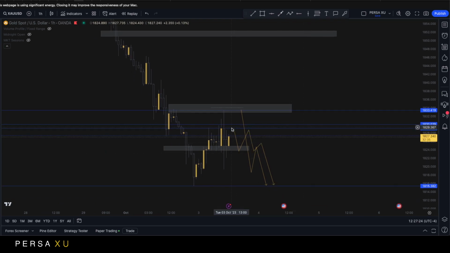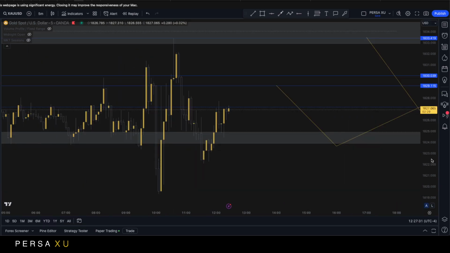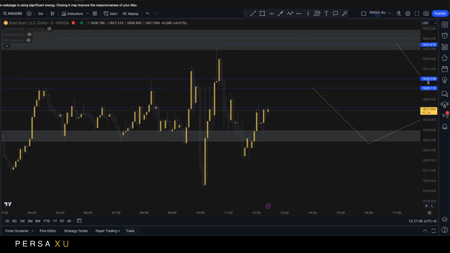So you have to study what happens here. To study it, you go back to your 15-minute to 5-minute time frame, and you spot these footprints. You just start looking for them.